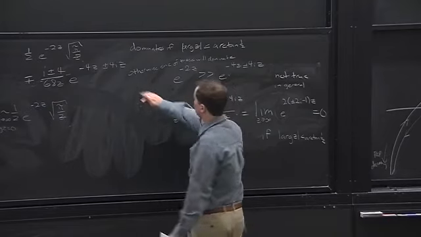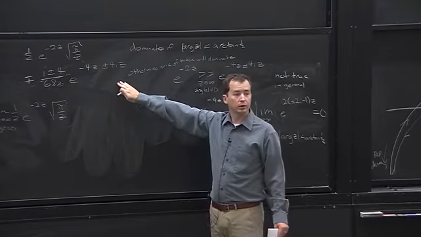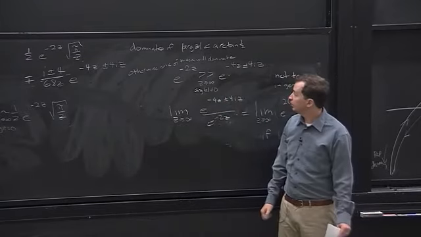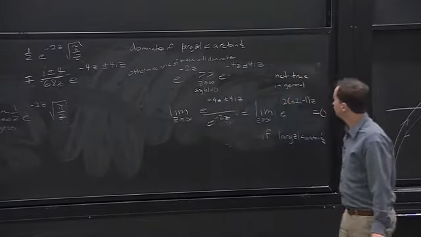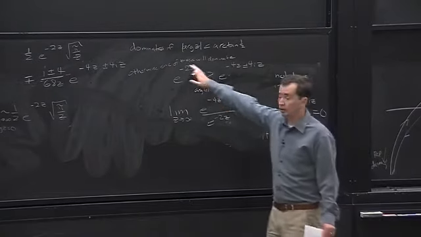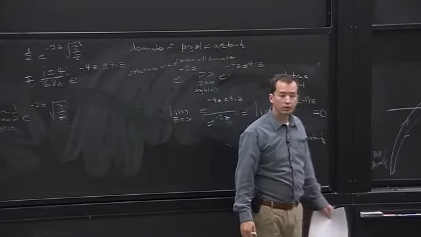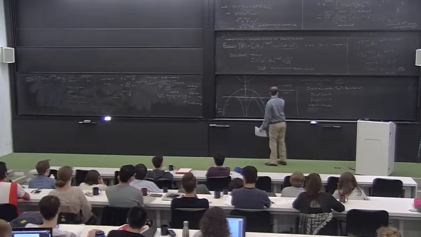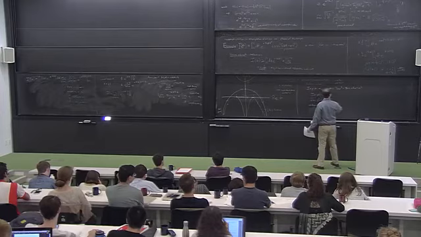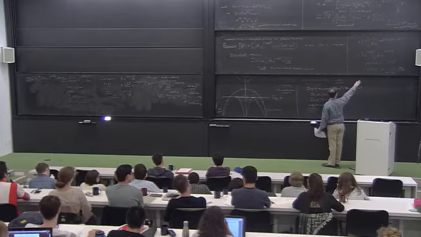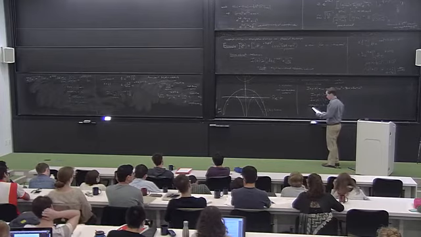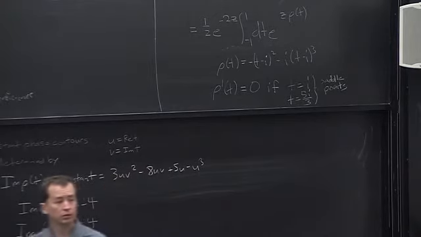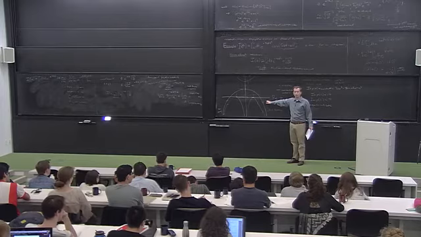Now, you may not be entirely convinced by this argument because we left one key step out, and that's that, well, if we change the phase of z, we also change what the constant phase contours look like.